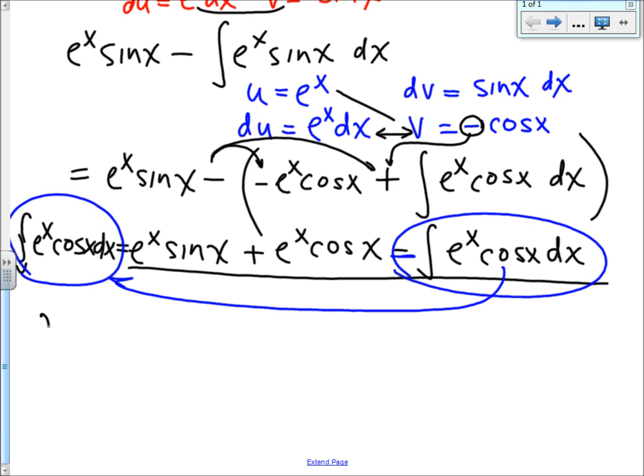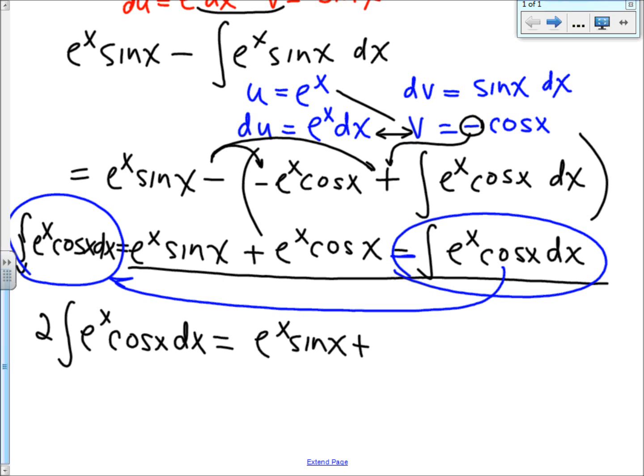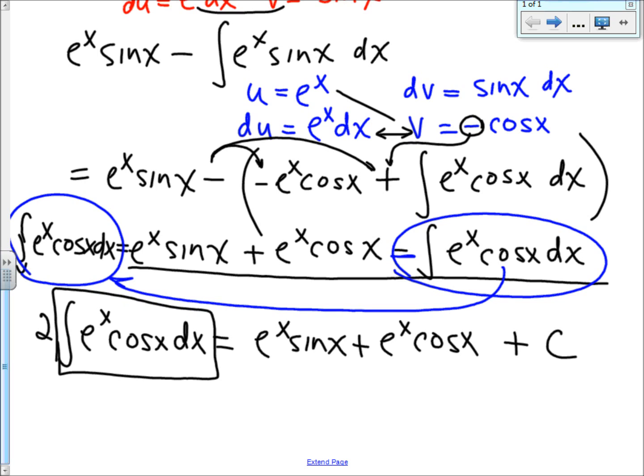Add another one, and you get two of these. Two times the integral of e to the x cosine of x dx is equal to e to the x sine x plus e to the x cosine of x. Now I'm going to put a plus c on the end of this. So what do I do now? I want to solve for this. Divide by 2. So now the answer is 1/2 times this whole thing.